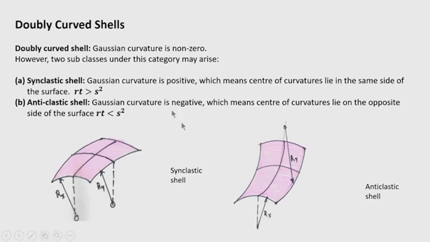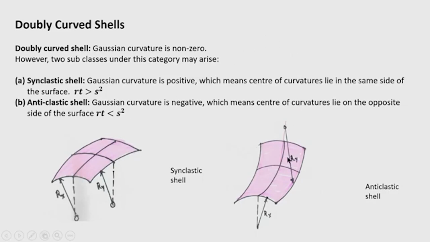Okay. So, now let us come to the other type where RT is less than S square. So, what is RT? RT is the product of curvature in two principal directions and S is the twist curvature. So, if this quantity RT is less than S square, that means the Gaussian curvature is negative in that case.